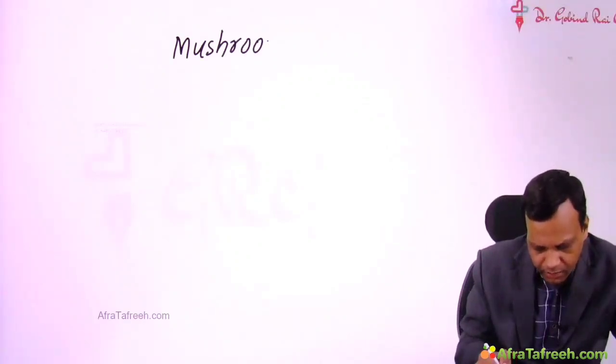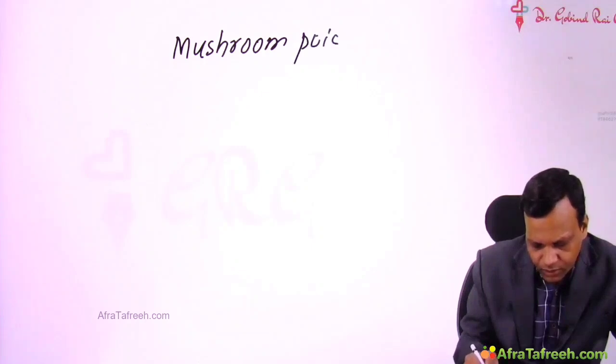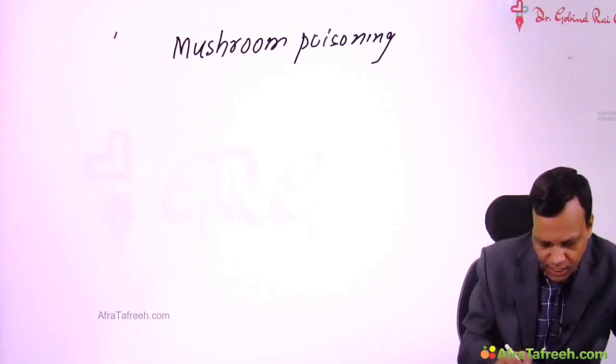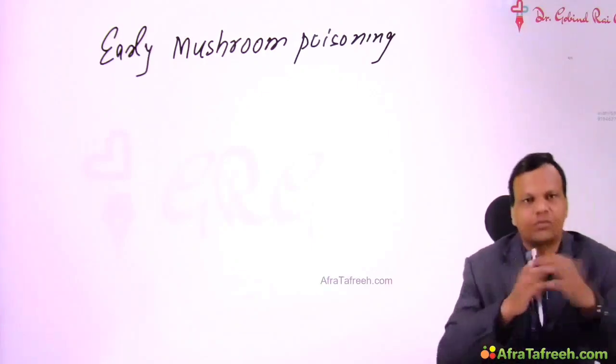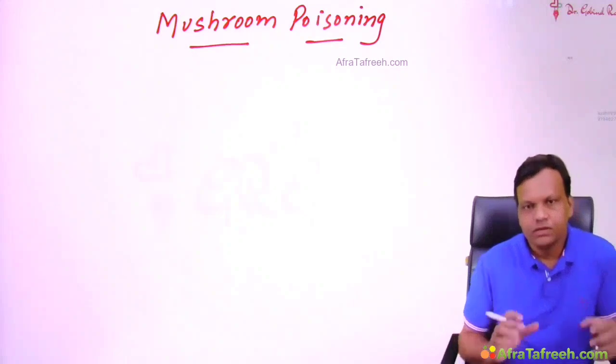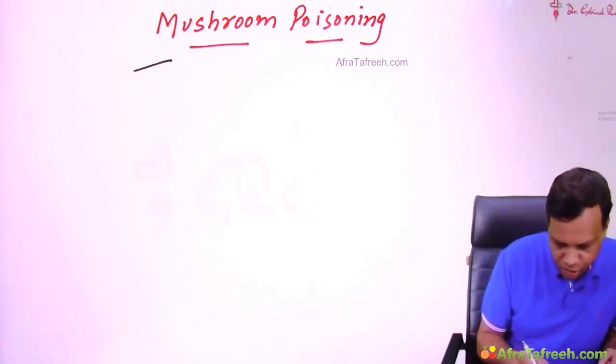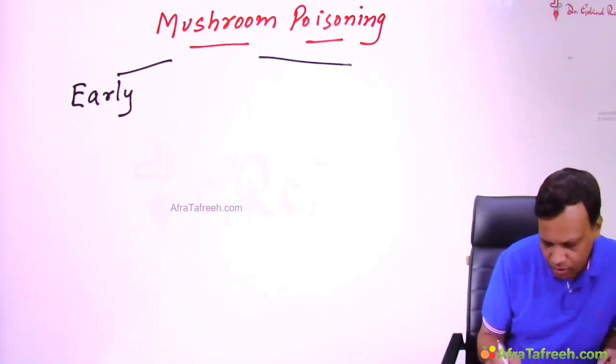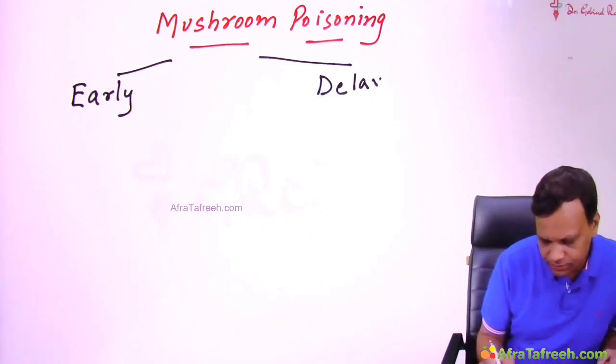Now another poisoning for which we can use atropine is mushroom poisoning. Particularly early mushroom poisoning, atropine is the drug of choice. There are two types of poisoning seen with mushrooms. One is known as early mushroom poisoning and the second is called delayed mushroom poisoning.